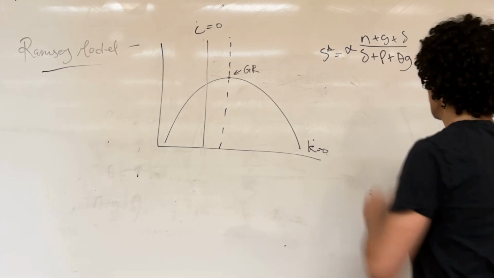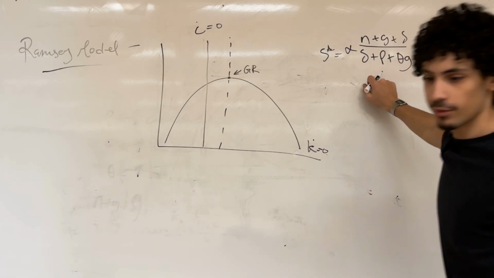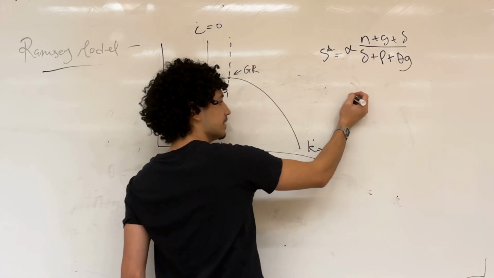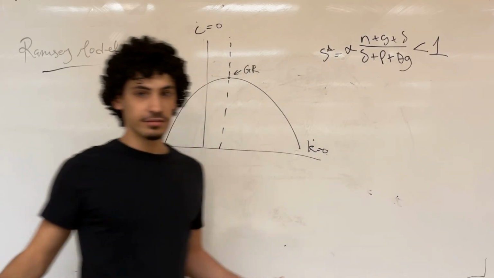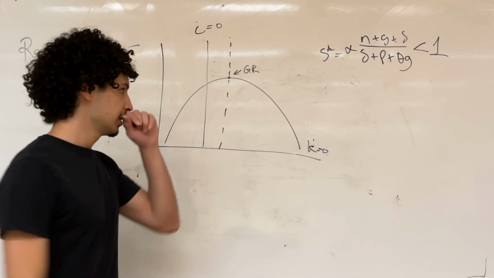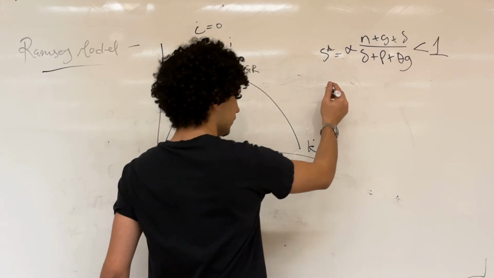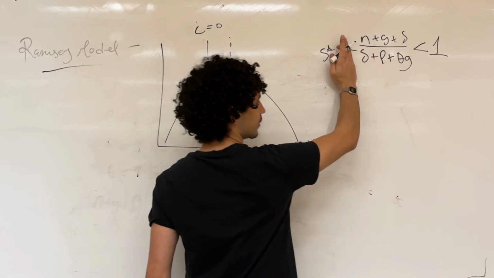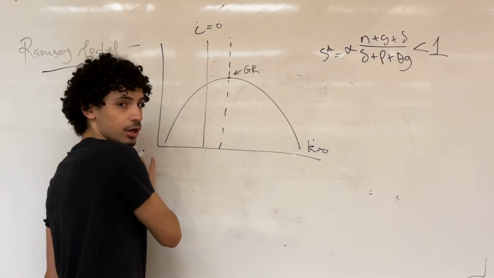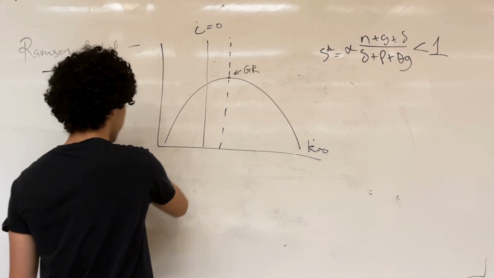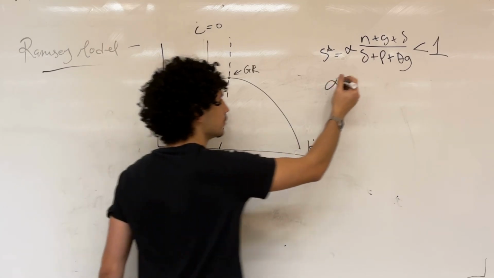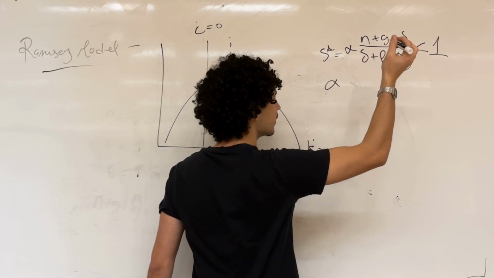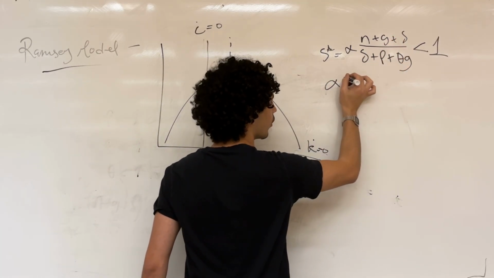And what we find out about this is that this is less than 1. Not that it's negative, but it's a fraction. So the golden rule does not account for these new parameters. Look at the golden rule as just A being greater than 1.